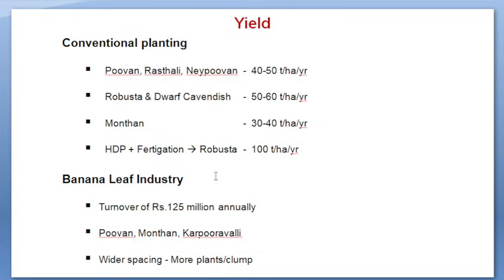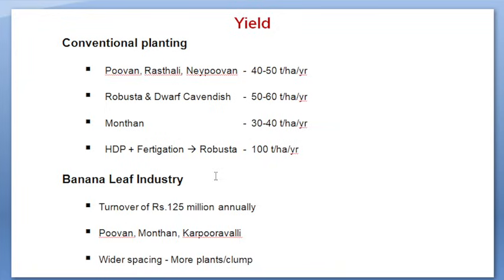Not only the banana fruits have value; even the banana leaf industry has a lot of scope, around 125 million we can earn by exporting or producing banana leaves alone.